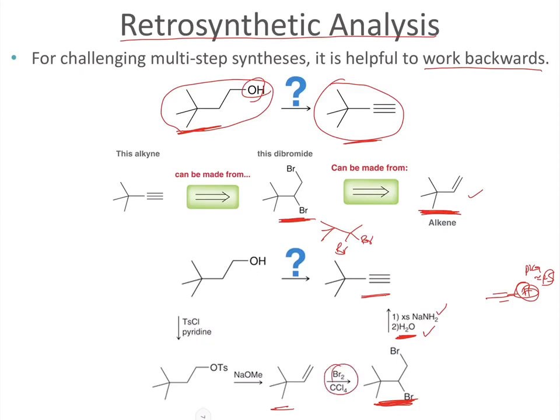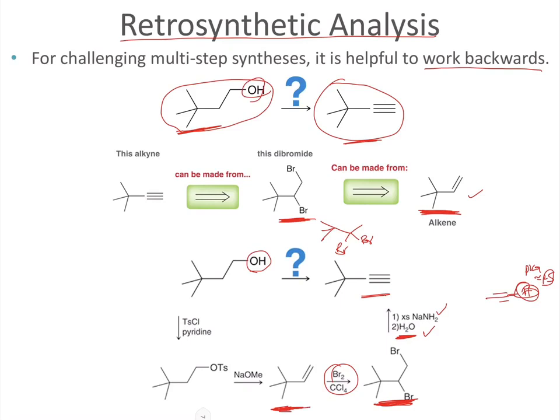Okay? To form an alkene from an alcohol, we can transform the hydroxyl group into a good leaving group using tosyl chloride and pyridine, and then we can use a base that is going to help form the alkene. Okay?